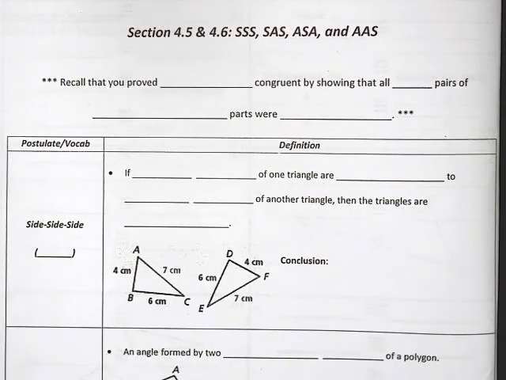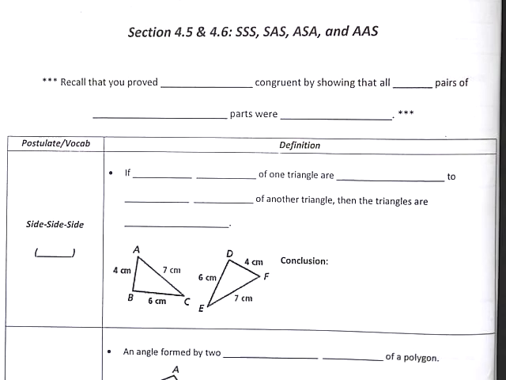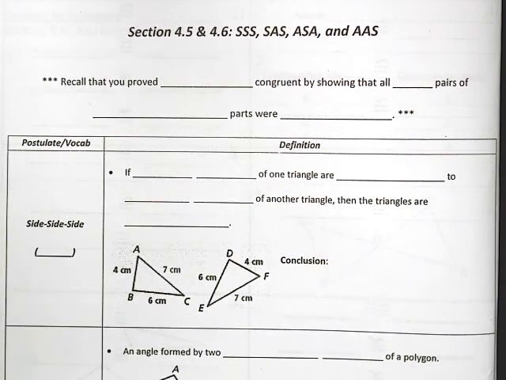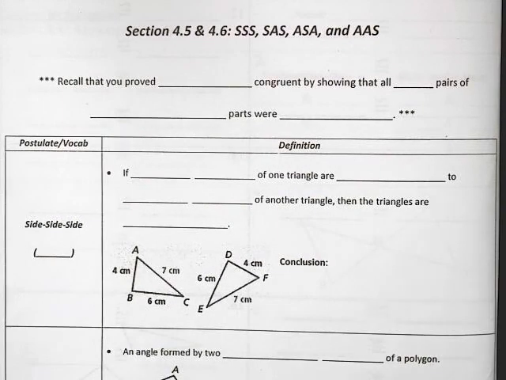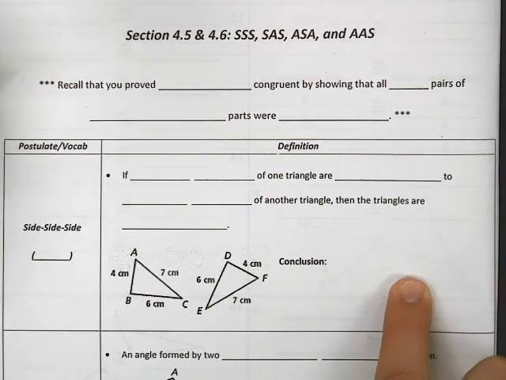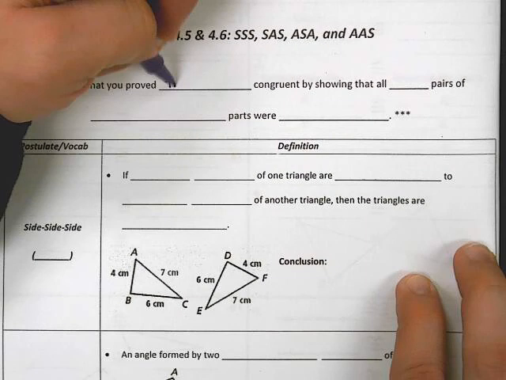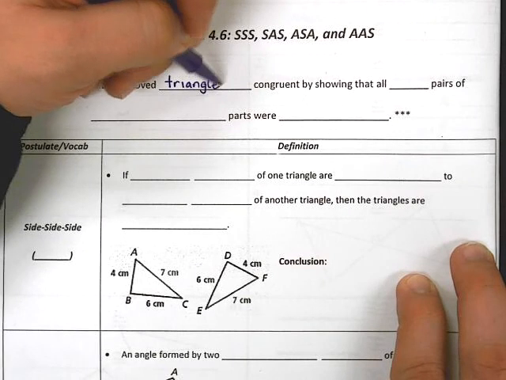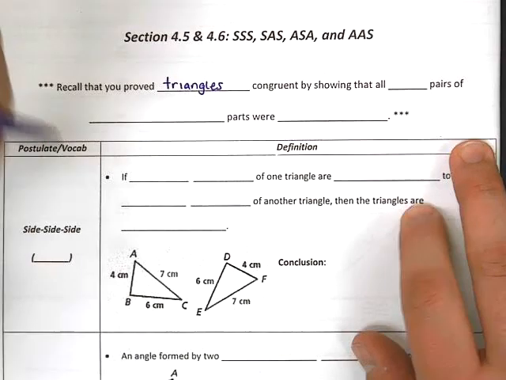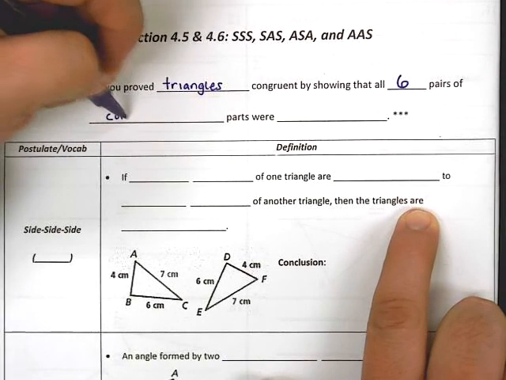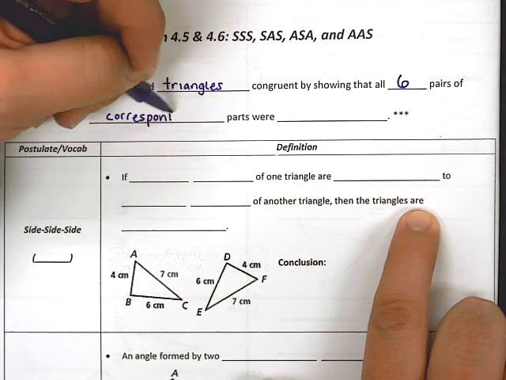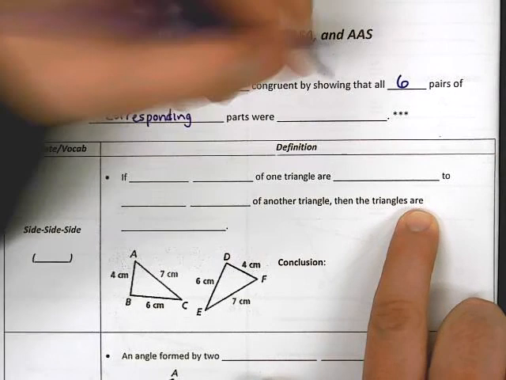Now, from 4.4, we said that for a polygon, or in our case right now we're talking triangles, for a triangle to be congruent, all of the sides and all of the angles must be congruent, okay? So recall that you proved triangles congruent by showing that all 6 pairs of corresponding parts were congruent.